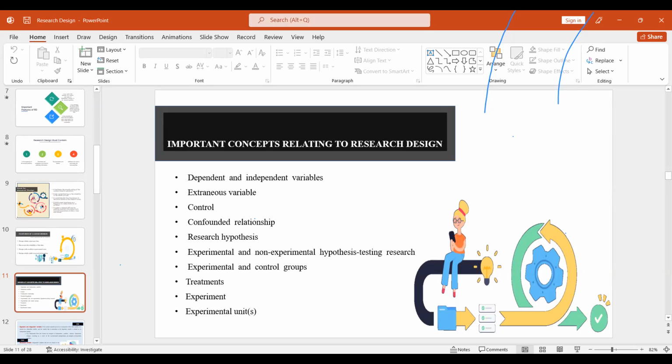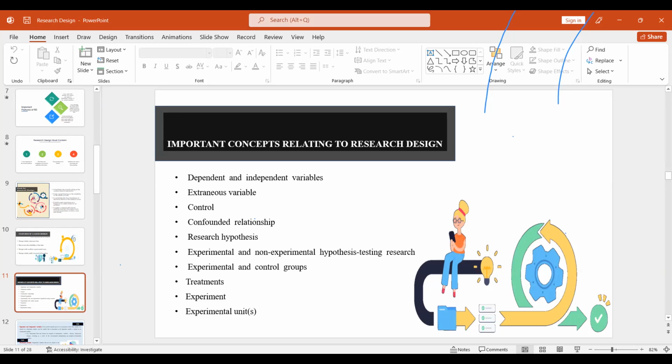The research in which the independent variable is manipulated is termed as experimental hypothesis testing research. Just like the independent variable which can be manipulated in the areas of architecture, maybe openings or ventilation, lighting, that is natural or artificial. And a research in which the independent variable is not manipulated is called non-experimental hypothesis testing.